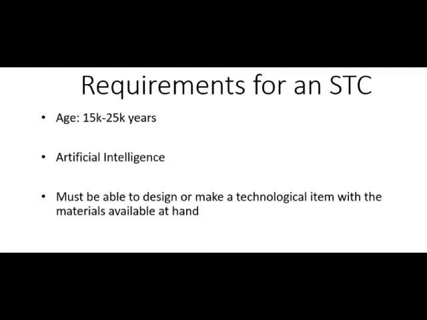So first we will examine and find the hidden STC and the implications therein. And for this, we list the requirements that we need to find an STC. It must be 15 to 25,000 years old. It must be demonstrably an artificial intelligence or computer program. And it must be able to design or make a technological item with the materials at hand.